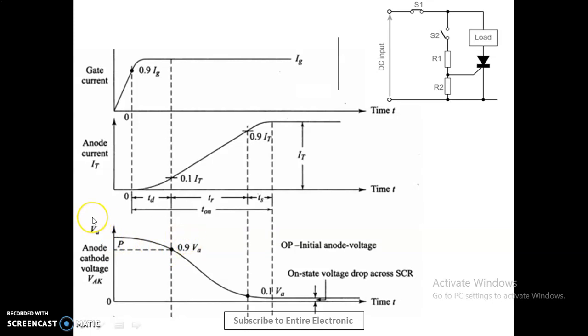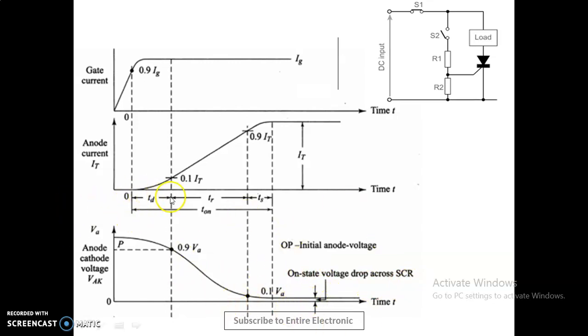As we know, when the device is turned on, current flowing through the device must be maximum and voltage across the device must be 0. Here we can see some voltage drop, the on state voltage drop, which is 0.8 to 2 volt for SCR. But ideally this voltage must be 0.